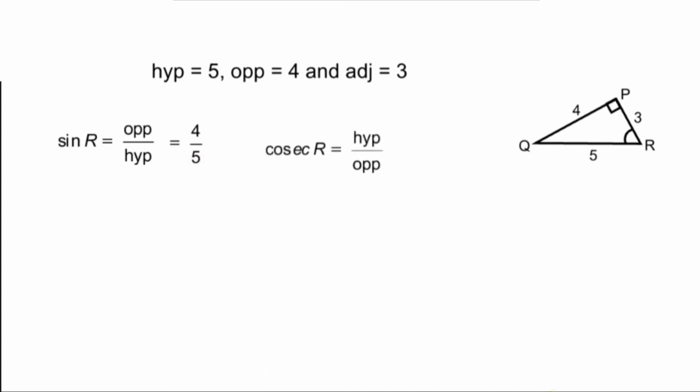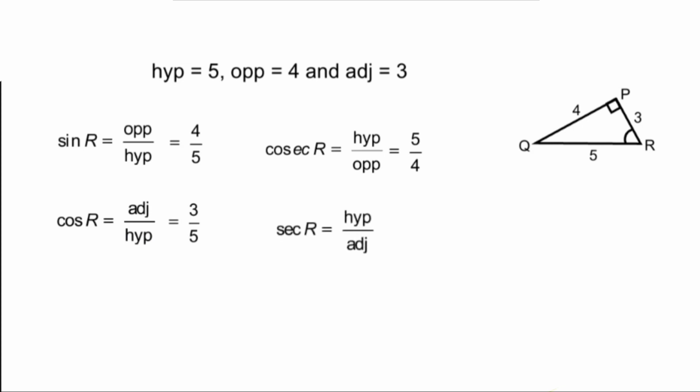Next, cosecant is defined as the reciprocal of sine. So cosecant r is equal to hypotenuse by opposite side, which is equal to 5 by 4. Next, cos is defined as adjacent side by hypotenuse. So cos r is equal to 3 by 5.